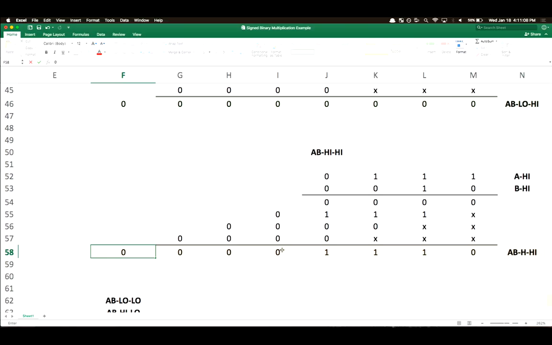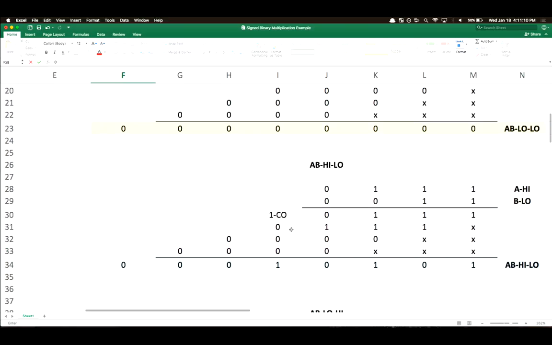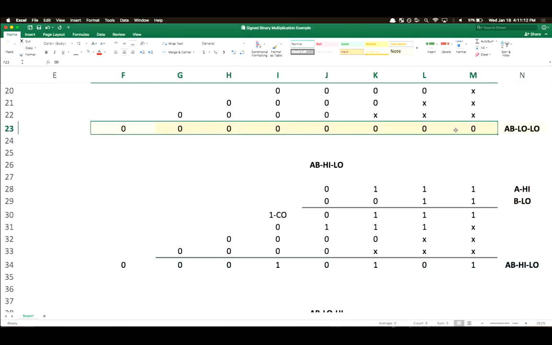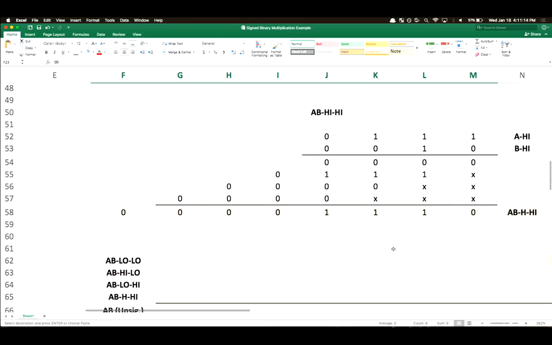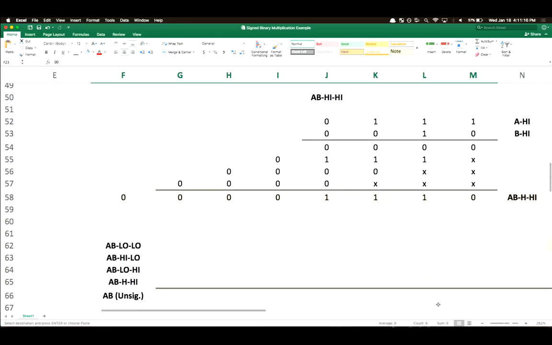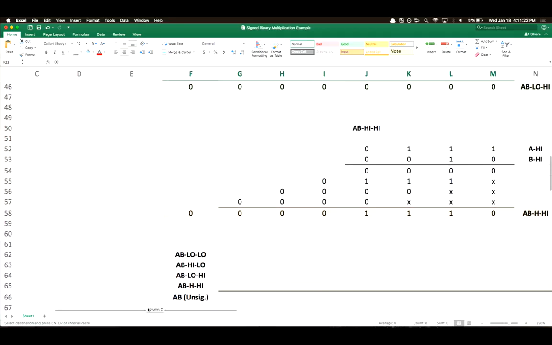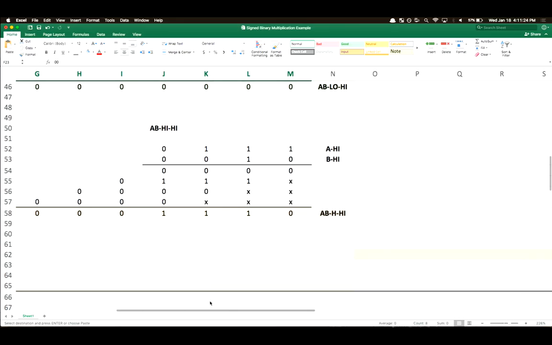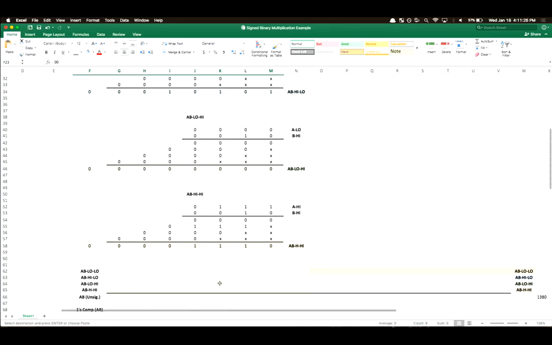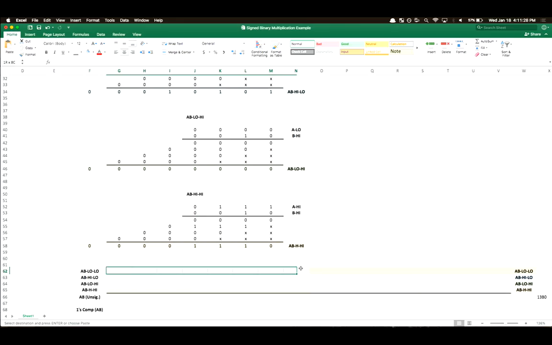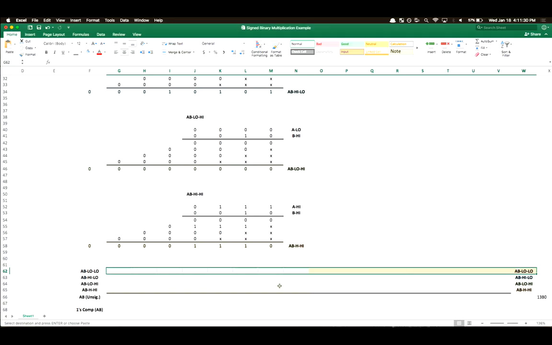So I'm just going to copy this part. The way I've shown this part is too small. Let me just zoom out a little. So this is 16 bits, just to show you what things might look like in memory.